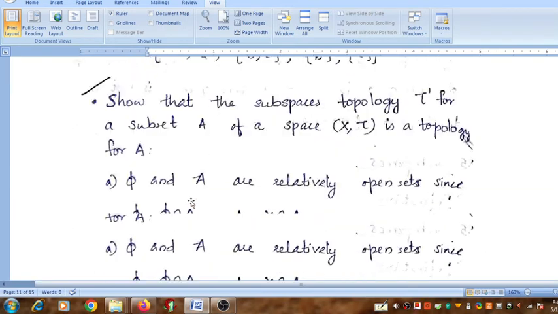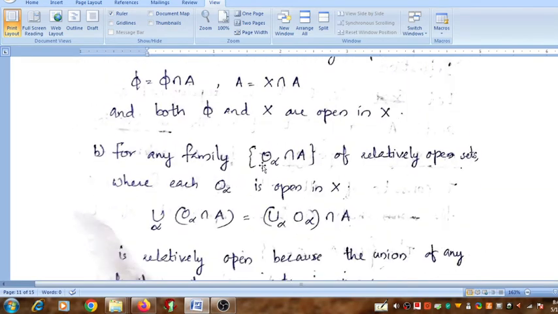Here we are going to write it like this. See, O alpha. We want to label them in order to give clarity to the selected member of the topology tau prime. For the time being, let's call it the collection tau prime.